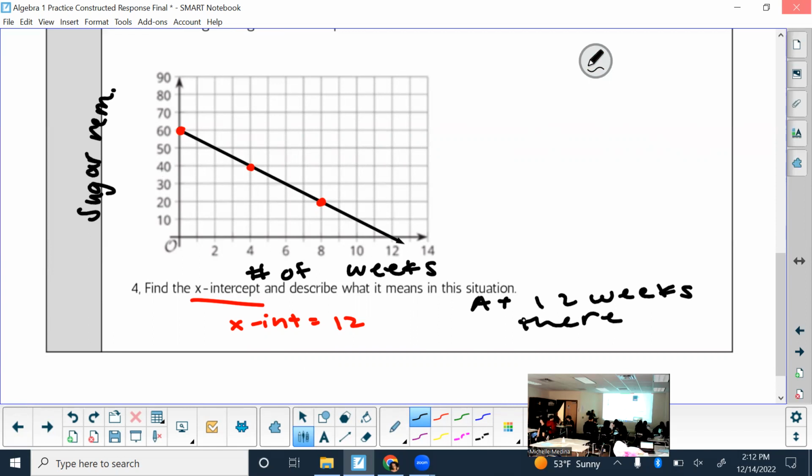There is no sugar, 0 kilograms. That's what that means. So no, like time is usually on the bottom. I keep telling you that over and over. What depends on it is on the y-axis. So the sugar remaining depends on how many weeks have passed.